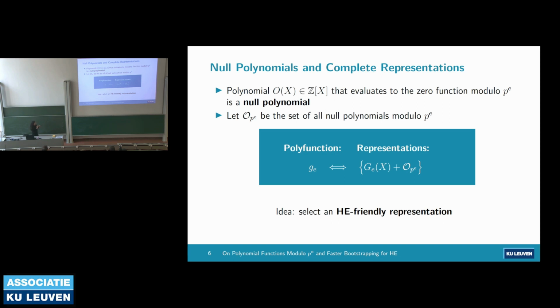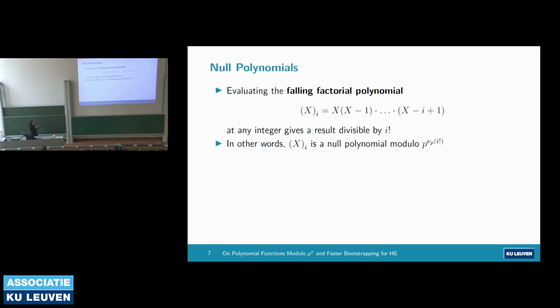The set of all null polynomials is most easily characterized in the following factorial basis. We notice that evaluating this falling factorial polynomial of degree i at any integer always gives a result divisible by i factorial.